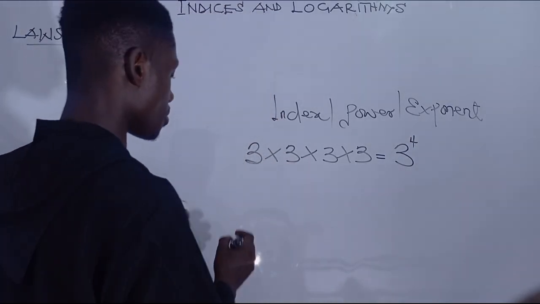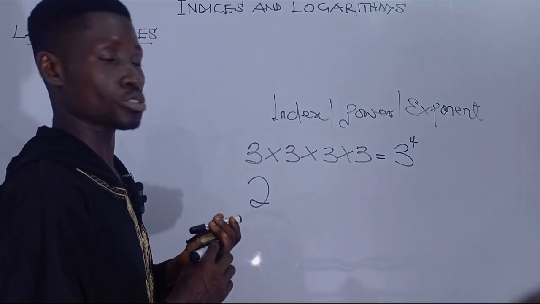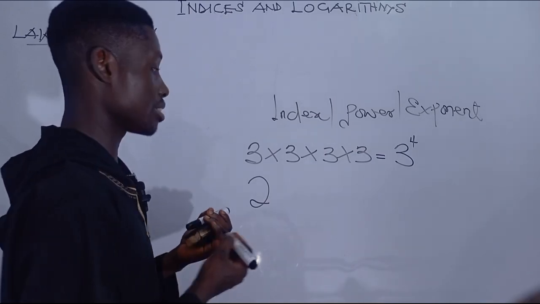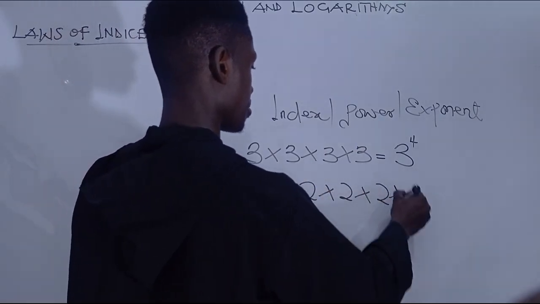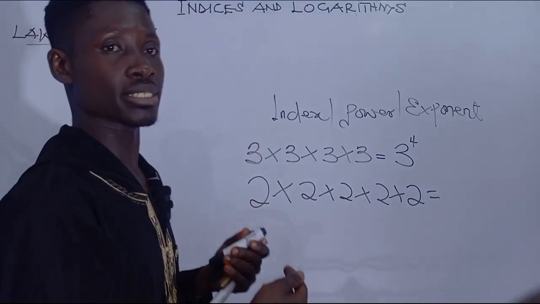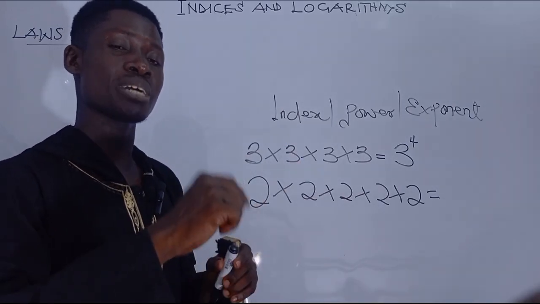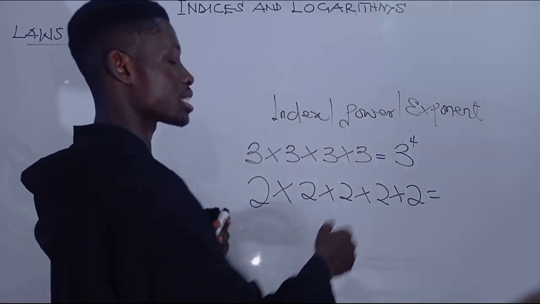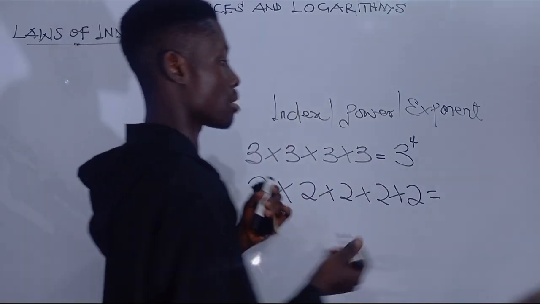Now let's also consider the number 2. And let's take it that this number 2 is multiplying itself, let's say 5 times. How many times is this 2 multiplying itself? It is multiplying itself 5 times. So the number of times that this 2 is multiplying itself is what we write as an exponent to the number 2.